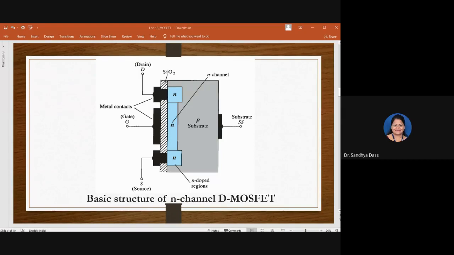PN junction, capacitors, transformers, all these are passive devices. And the active devices are BJT, JFET, and MOSFET.